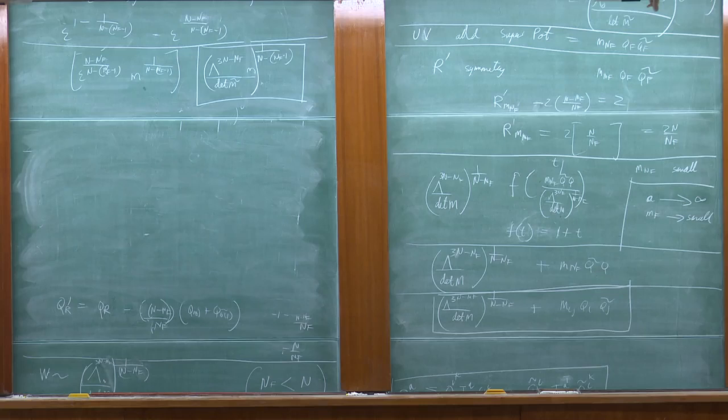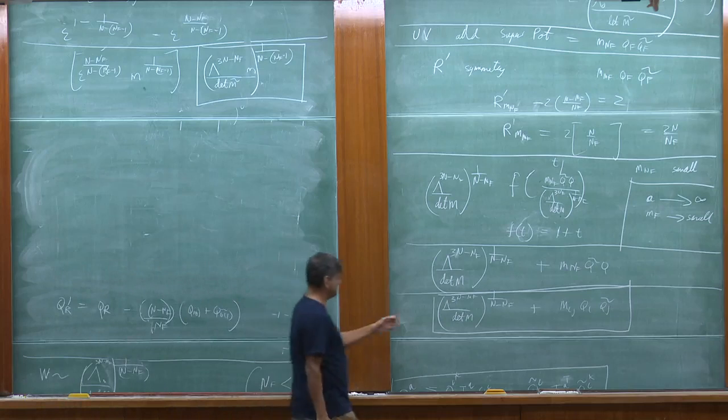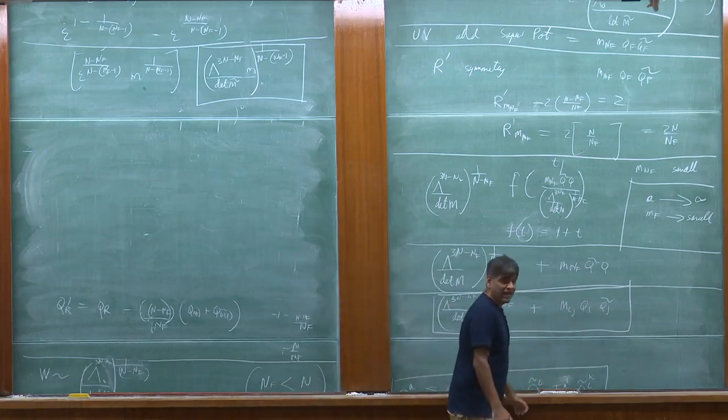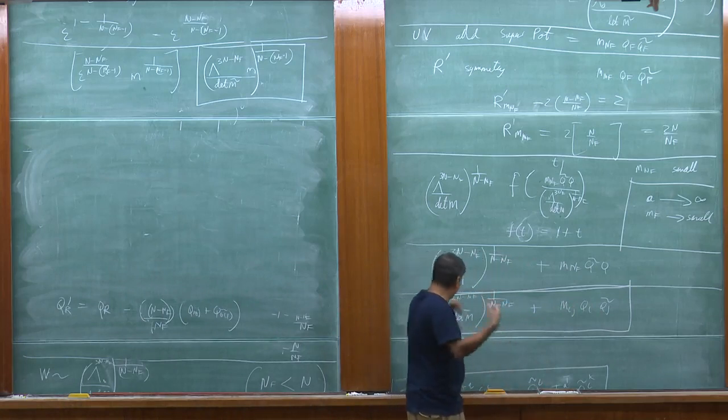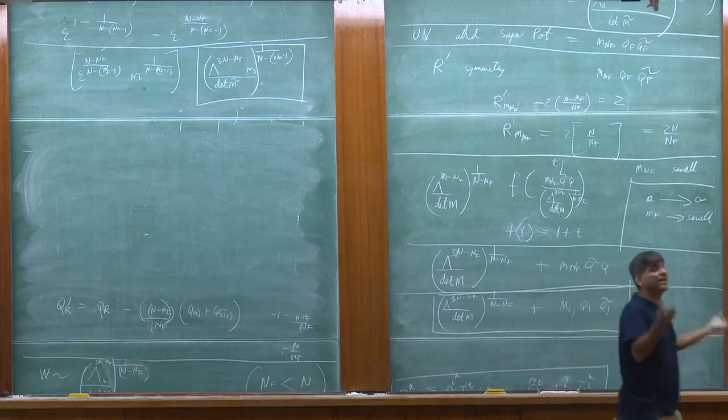Okay, finally, now that we understand the structure, we can take this most general superpotential and compute the saddle point, the vacuum expectation value for m, for all n's.